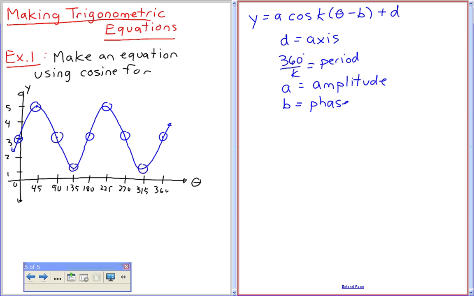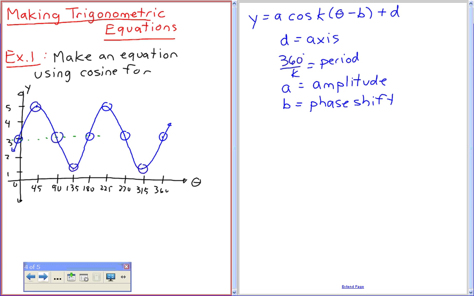Okay, so what we're going to do here is take our graph and try to get those 4 pieces of information from it, and work backwards then and make the equation. Yeah, Alex, go ahead. The axis is going to be 3, and I'm going to show you exactly how we get that. In this case, it's obvious because I drew a nice simple graph.